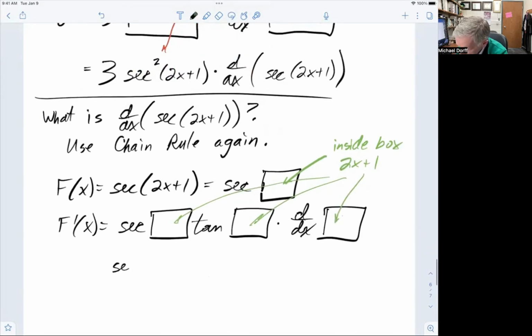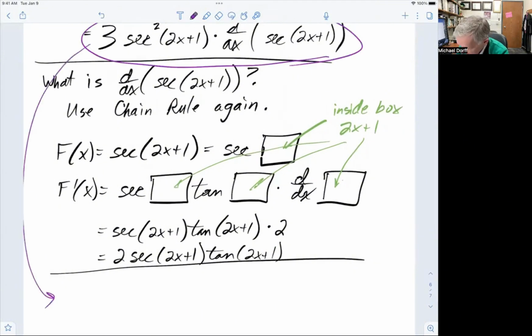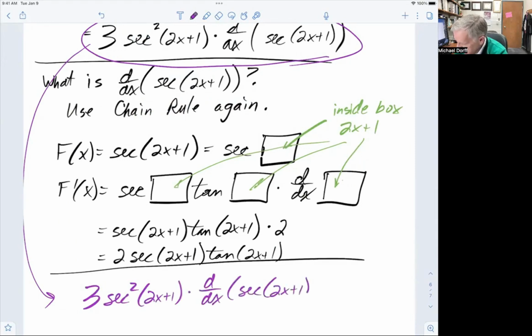So I'm going to have secant of 2x plus 1 tangent of 2x plus 1 times the derivative of 2x plus 1, which is just 2. Some of you probably want to write that by putting the 2 out front. So it looks like this. So now I've got 3 secant squared 2x plus 1 times the derivative of secant of 2x plus 1.